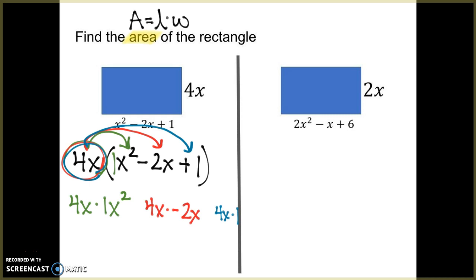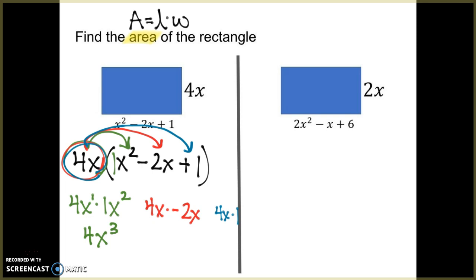So if I go back to my 4x times 1x squared, well, 4 times 1 is 4. And then I have x times x squared. That means that would be x cubed, because there's 3 x's being multiplied by itself. This is x to the first power, and then x squared means x times x.